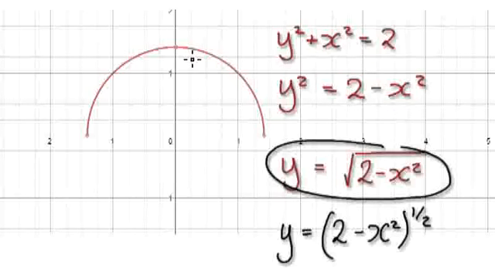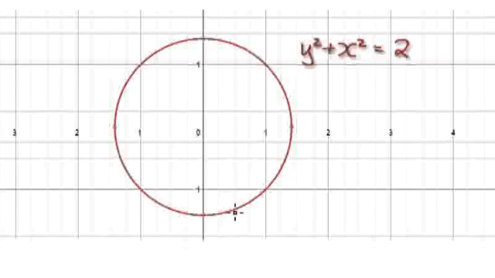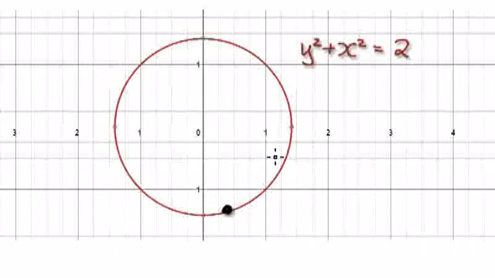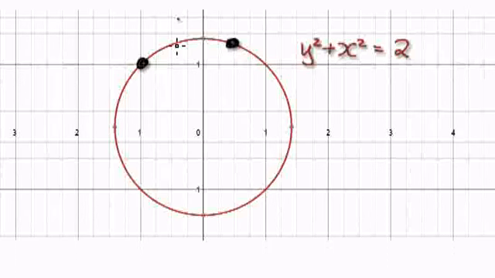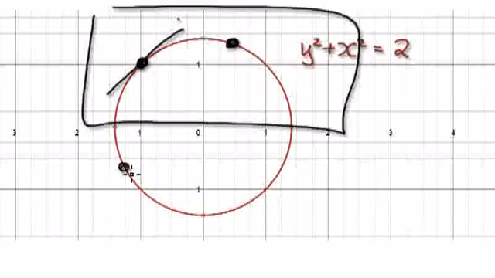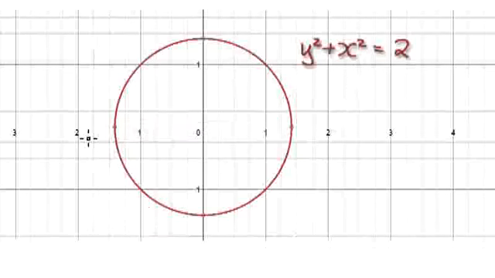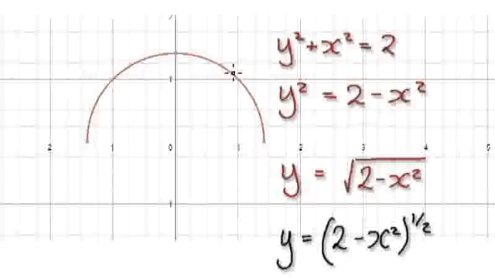Because we want to find the point up here, we need the positive version. If we want to find the gradient at this point down here, then we would need the negative version.